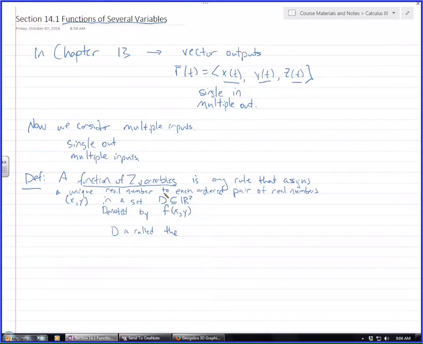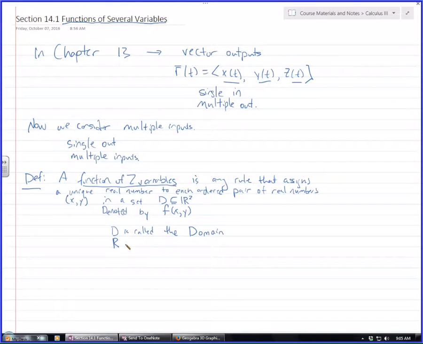It starts with a D. Derivative? Not distance. Distance is a lowercase d. Domain. Oh, that sounds right. D is called the domain. Okay? And then what always goes along with the domain? The range, which is the set of all outputs.